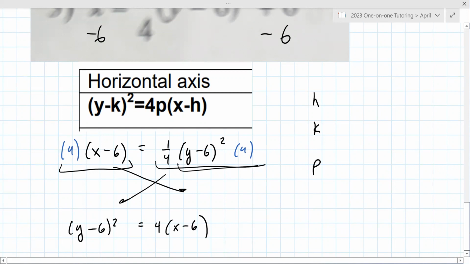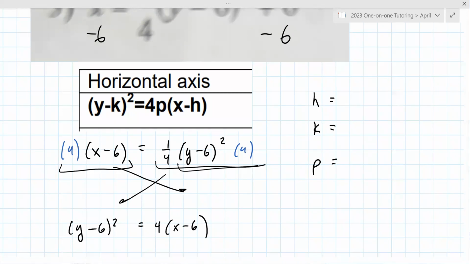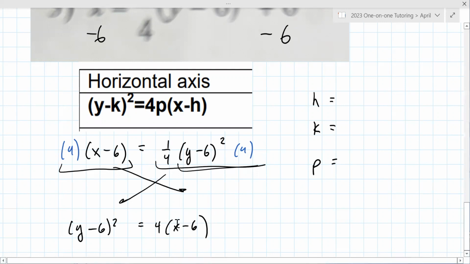Can you attempt to give me the values of h, k, and p, please, for this? So h would be, would it be 6 or -6? It is 6.